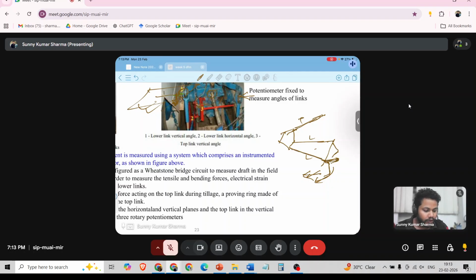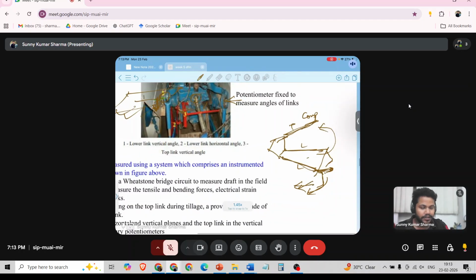Due to that, the lower links are under tension, and when it pulls, one rotation comes and the upper link automatically comes under compression. So the upper link will be under compression and the two lower links will be under tension. That is a general layman's perspective to see this thing.